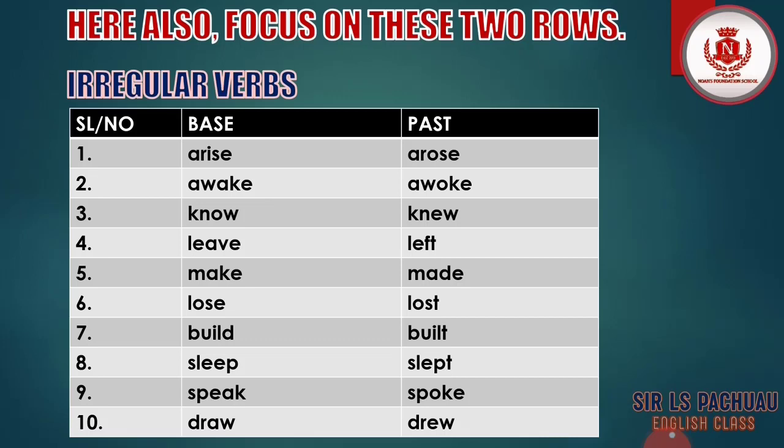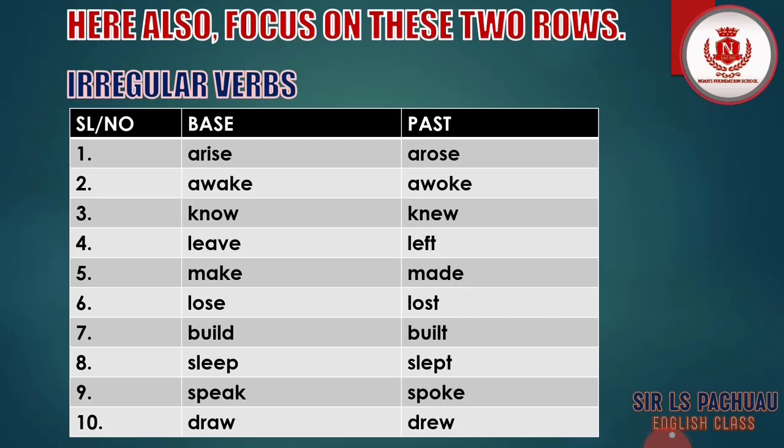It is very easy if you know how to conjugate the verb into regular and irregular verbs. It's a bit difficult if you don't memorize it. Sometimes you have to memorize this kind of words. Alright, it can become a bit difficult if you don't listen from the beginning. Okay, so here arise, arose, not arised, but it's arose.